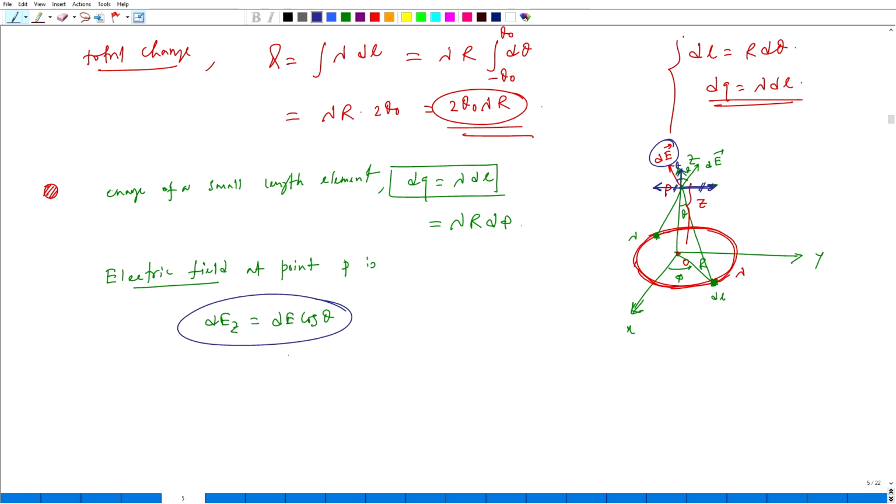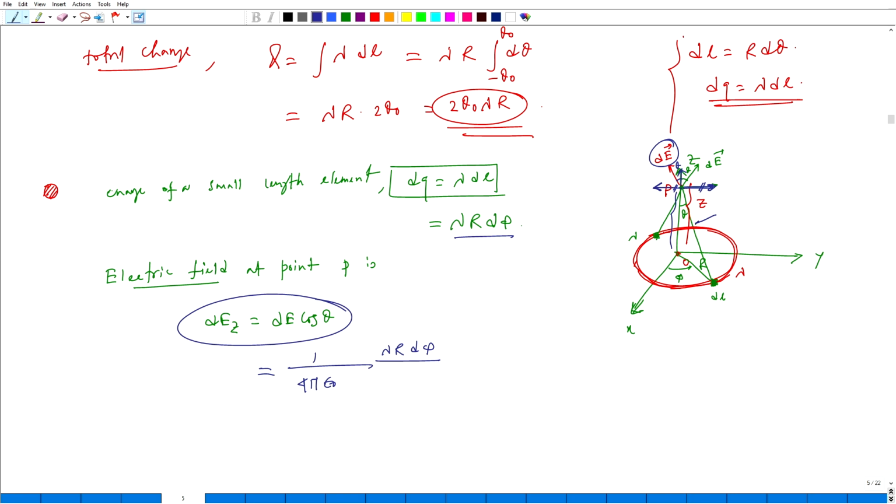Now if we calculate the dE, it is basically 1 over 4 pi epsilon naught times dq. So dq is lambda times r times d phi. So lambda r d phi over, now what is the distance? This one is r and this one is z, right.